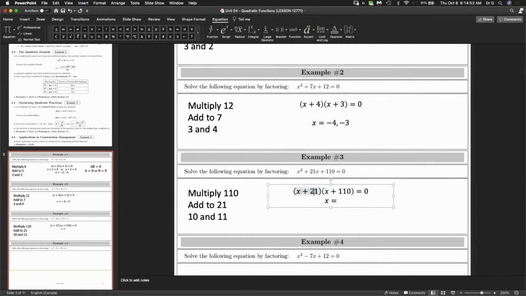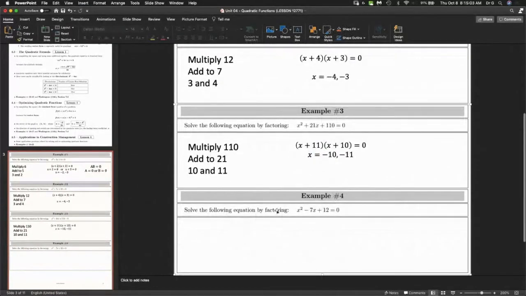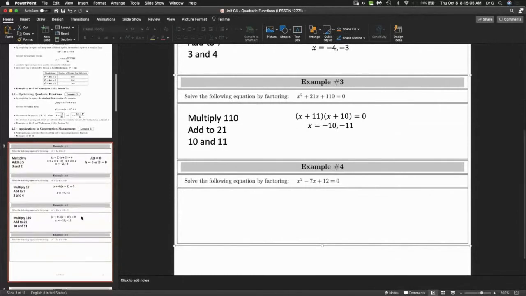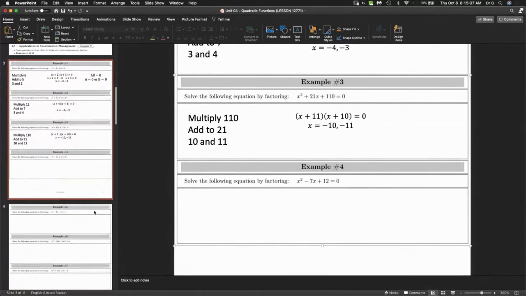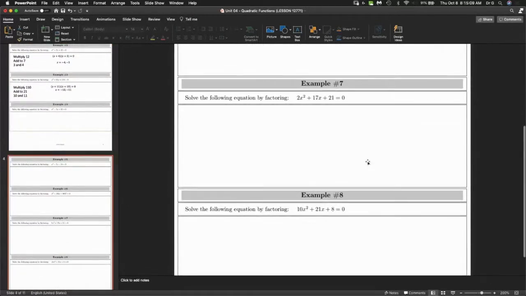And you can play this game all the way here with negative signs. It's the same thing over and over again.